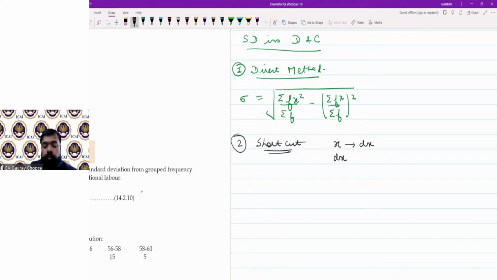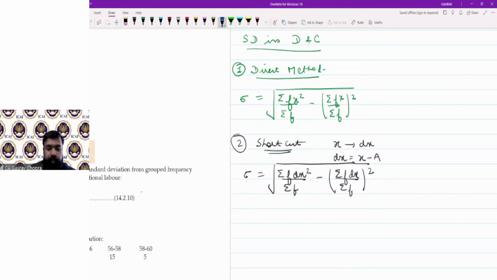And what is the meaning of dx? It is same, x minus a, x minus assume mean. So standard deviation will be root of sigma f dx square upon sigma f minus sigma f dx upon sigma f whole square. This is the formula for shortcut method. Okay. Now let's write the third one.